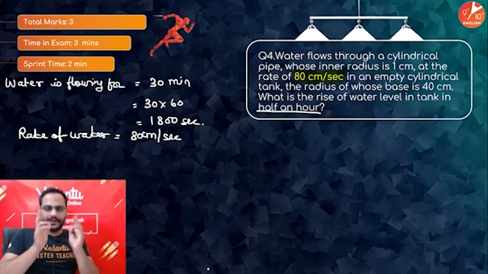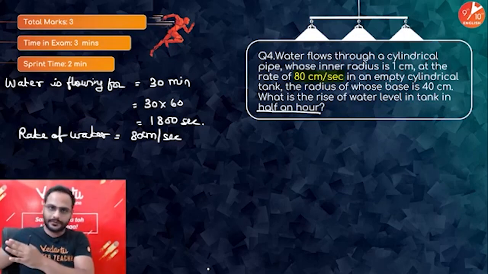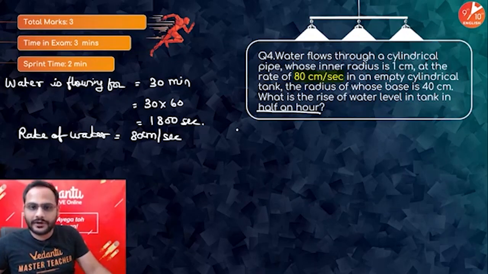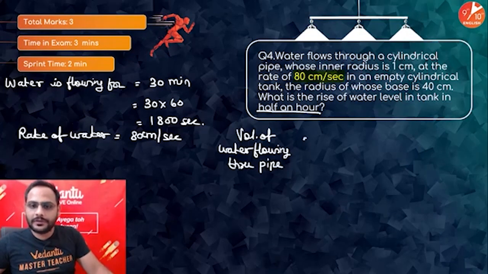So in every second, an 80 centimeter length of water from that pipe is moving out, right? So the volume of water flowing through the pipe will be equal to what?